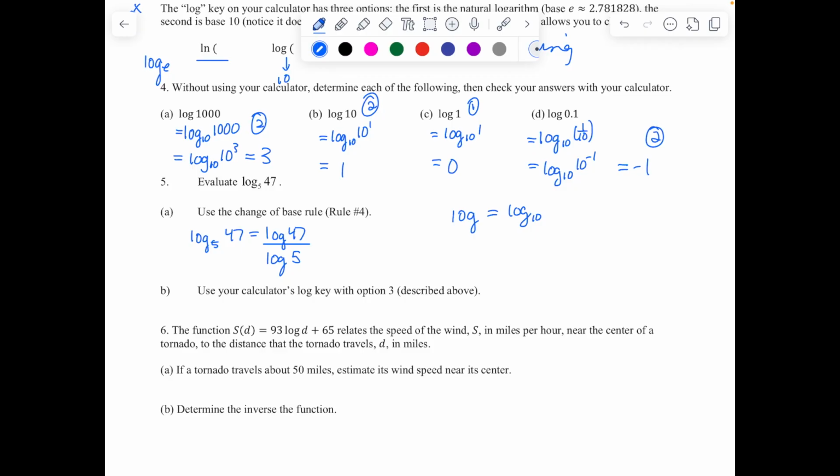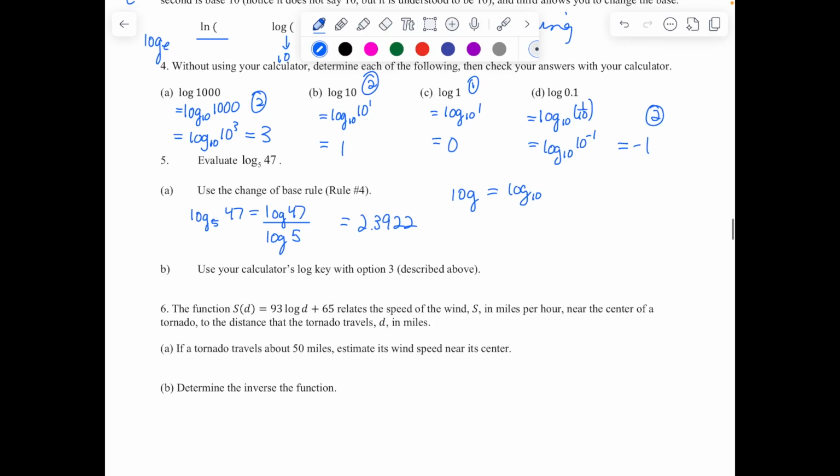And I do believe that this is 2.3922. Or we can just slap it in our calculator directly and do log base 5 of 45. So I want you to try that. You're going to have log base b, and you have to put in b as 5. Okay, give that a try. You'll get the same answer.